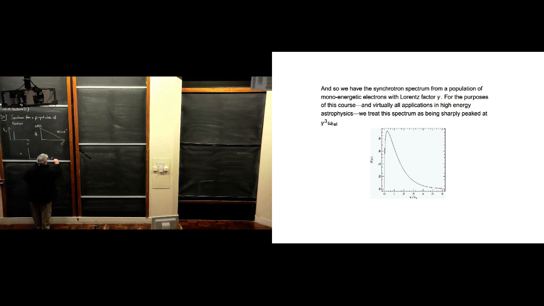So we're back now in nu against F nu space. And as you might expect intuitively, because this convolution kernel is very narrow compared with the breadth of the energies in the population, you would expect to get a power law, but the power law slope here may not necessarily be the same.